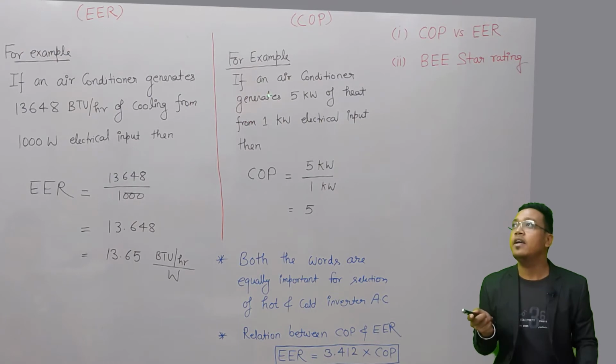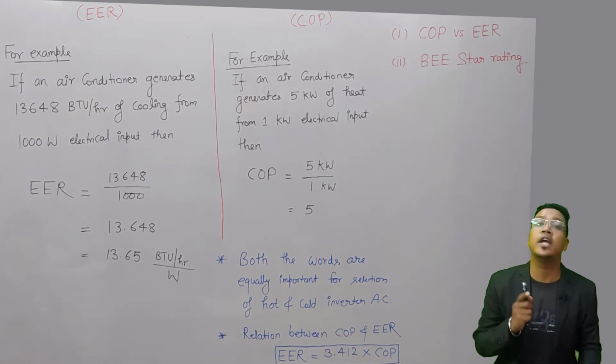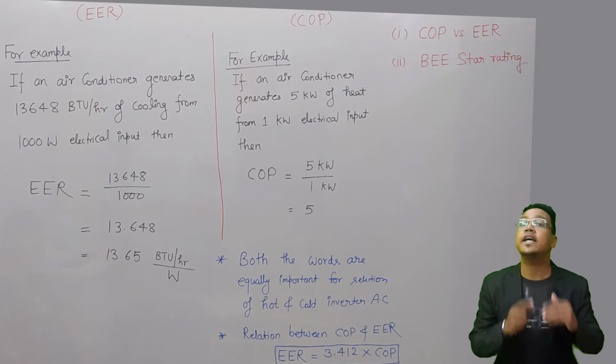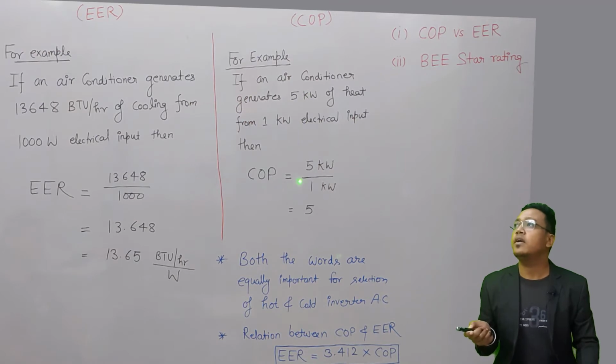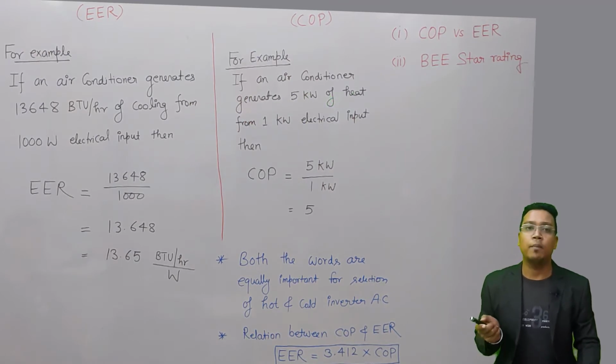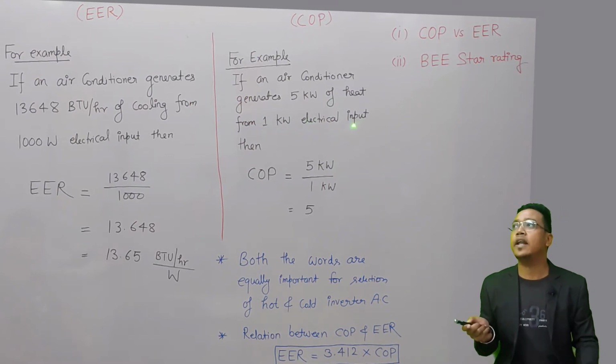And for COP, if an air conditioner generates 5 kilowatt heat, that means here an air conditioner is generating 5 kilowatt of heat. That means it is a heat pump. Okay. For COP, now COP for a heat pump shall be the ratio of heat generated from the heat pump divided by the electrical energy input.